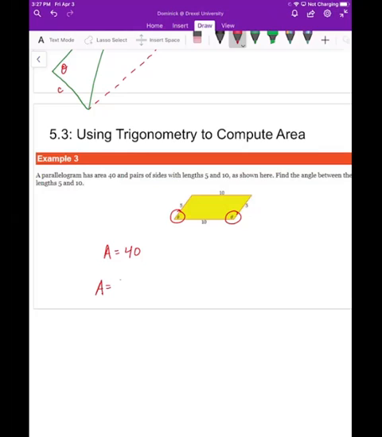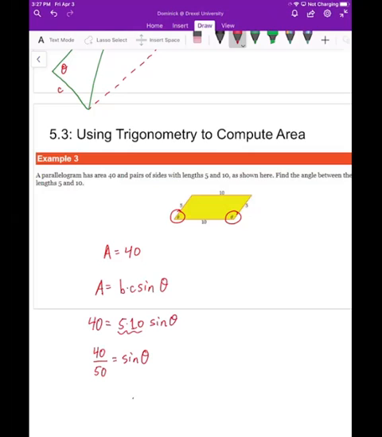So if I want to find this angle, I need to do A is equal to B times C times the sine of theta, right? Now my area is 40 and my sides are 5 and 10. So 40 over 50, because that's this 5 times 10 that I divide over, is going to give me sine of theta.